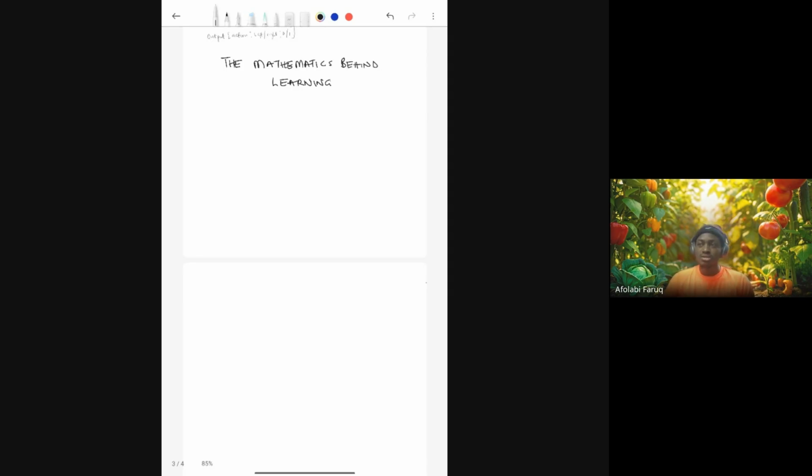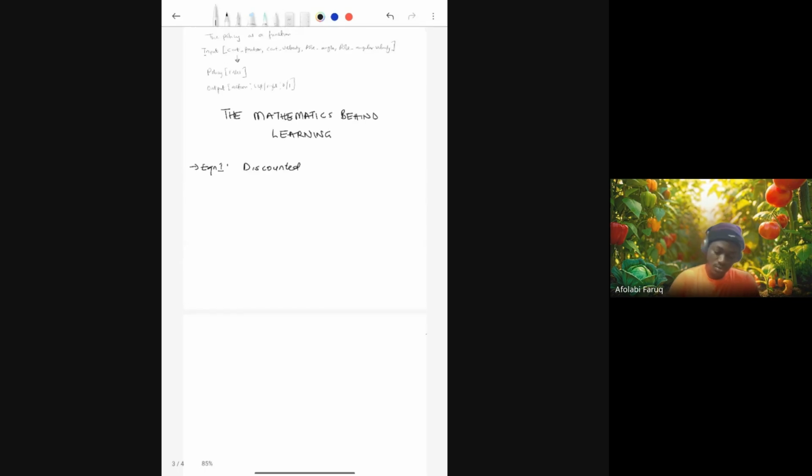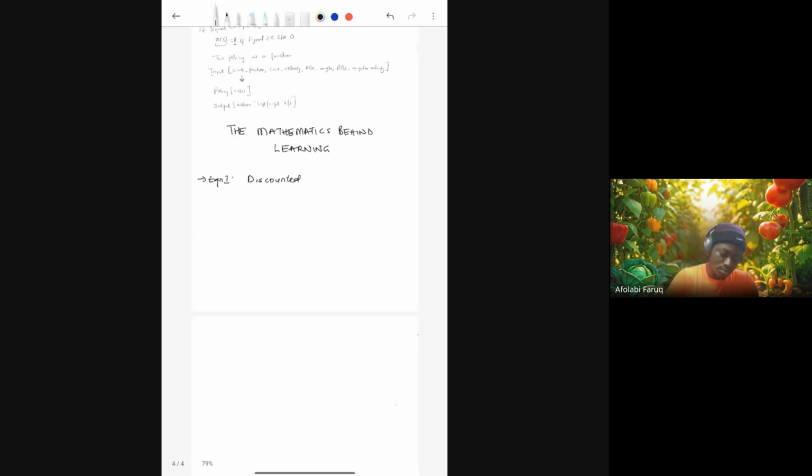Now, to understand these three equations, we are going to look at the first one of them. The first equation is the discounted return. Equation one is the discounted return.